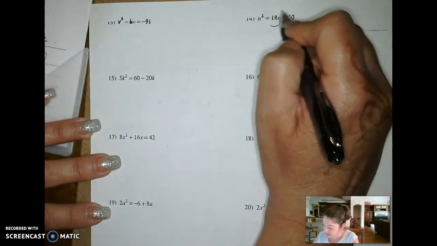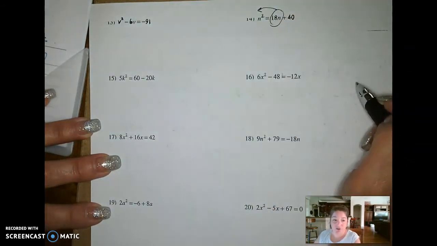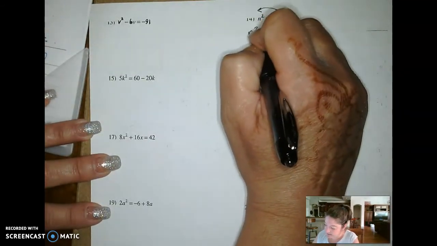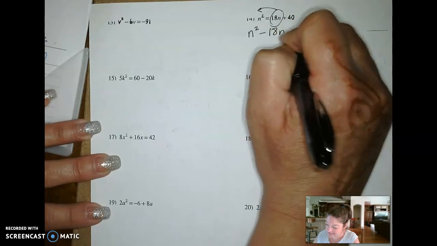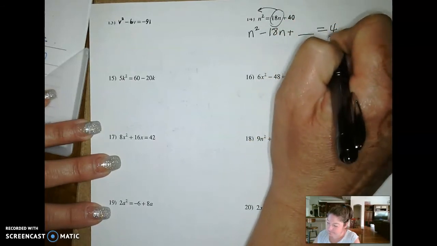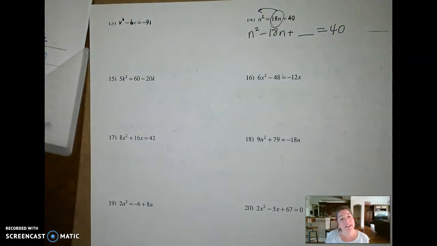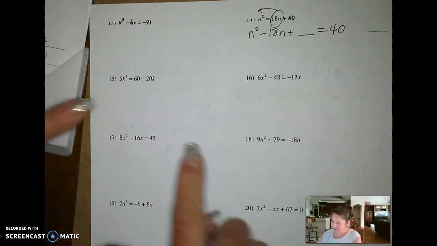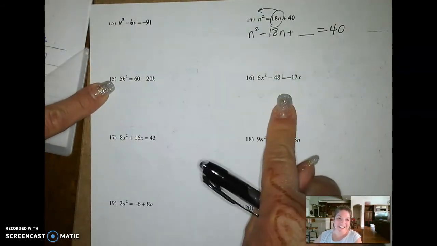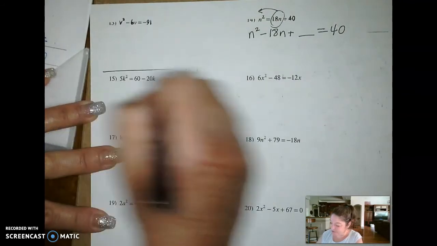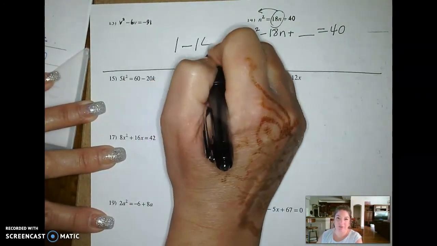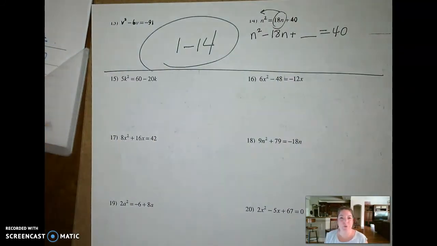So you want to bring the 18n over. Okay, so you want to rewrite this one as n squared minus 18n. Tomorrow's lesson, I'm going to show you how to do number 15 and number 16. So your goal today is just to get through numbers 1 through 14.